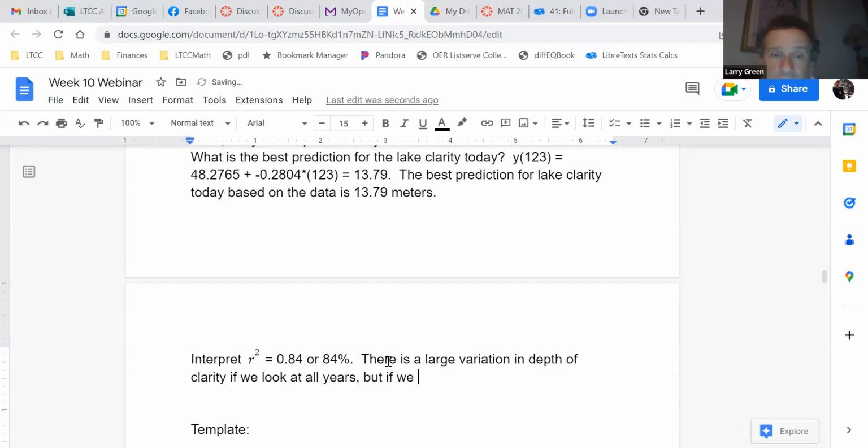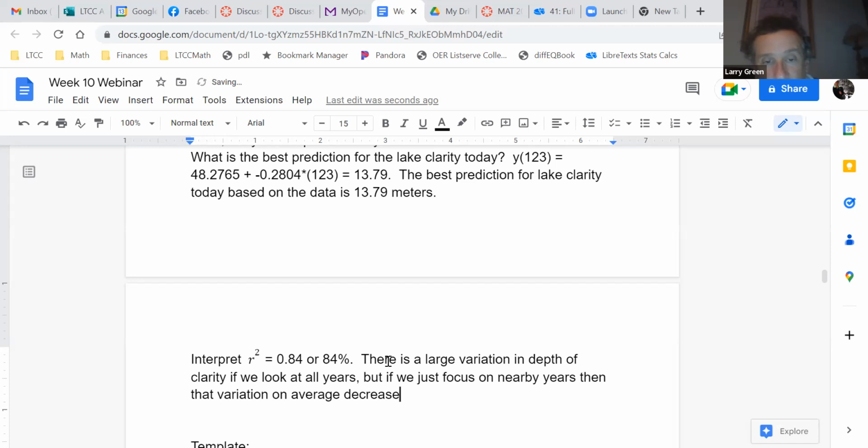But if we just focus on nearby years, then that variation on average tends to decrease, or just decreases, by 84%. Any questions on that so far?